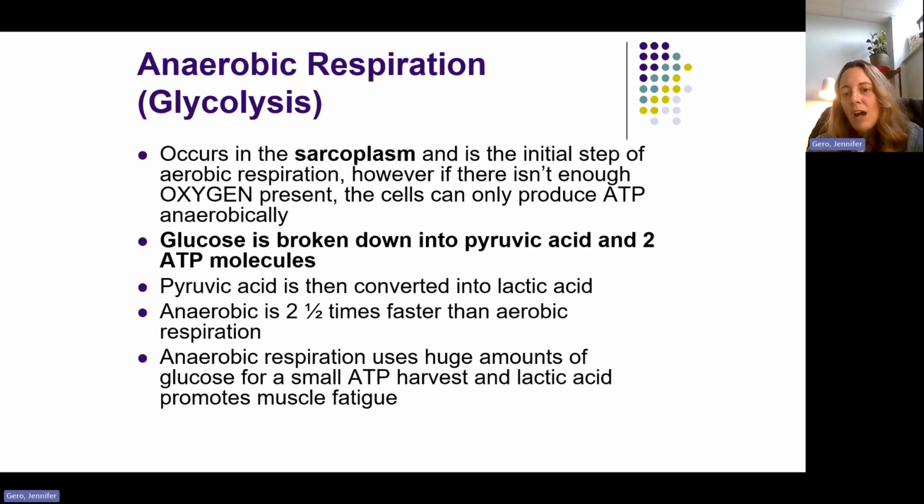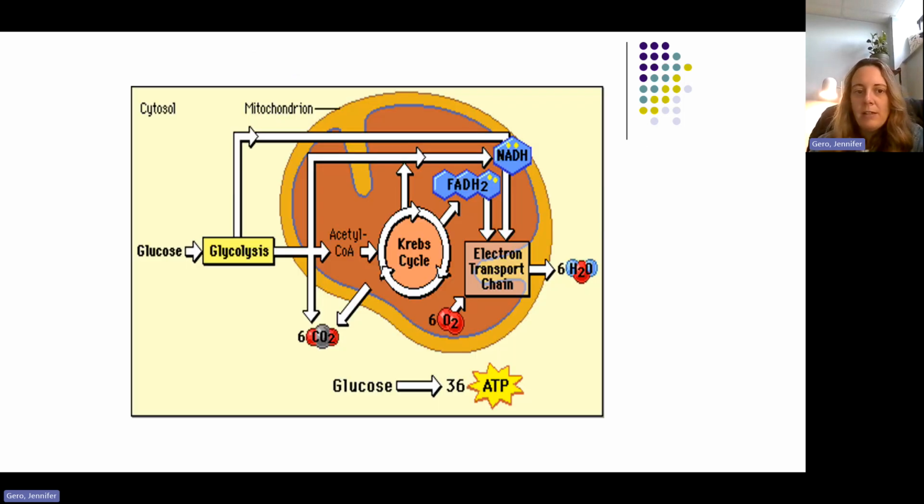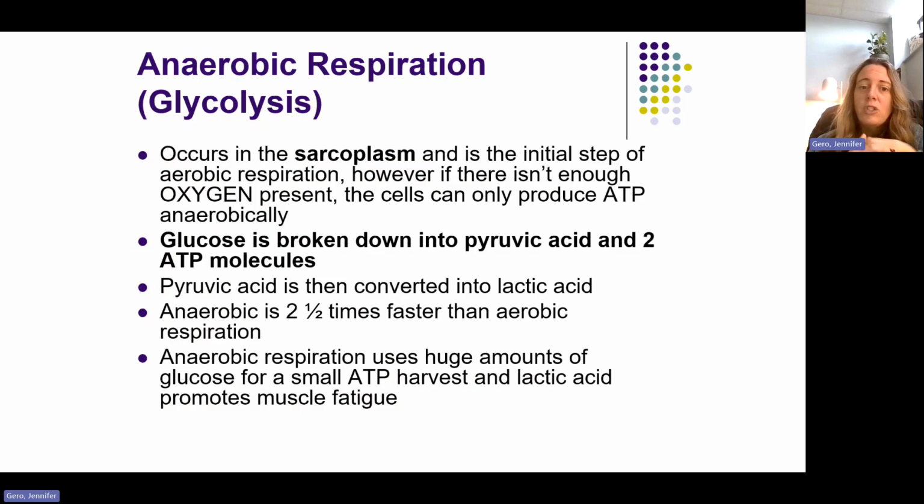Glycolysis is going to break glucose down to pyruvic acid, and 2 ATP are going to be generated. So literally, you get only about a 5% yield in comparison to what you would get with aerobic respiration.